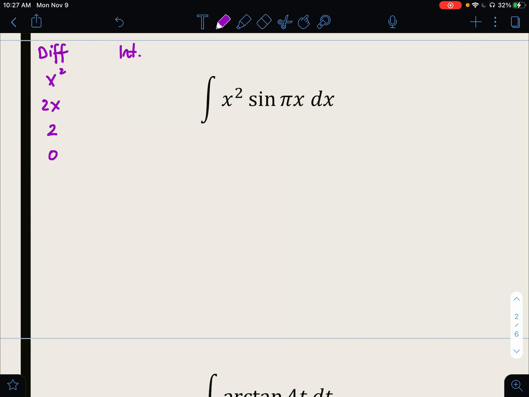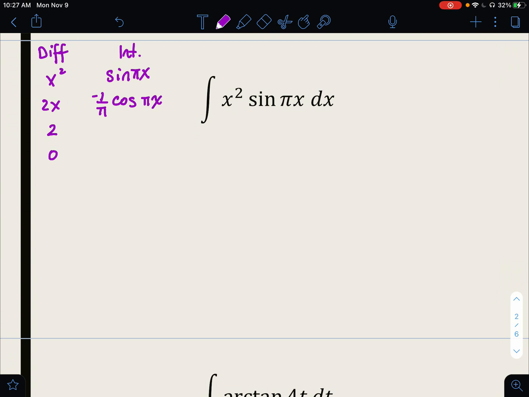The integration, watch out for the pi x, right? That means we have to do a reverse chain rule. So let's start with sine of pi x. The integral of sine is negative cosine, but we have to multiply that negative cosine by 1 over pi to account for that factor of pi x.